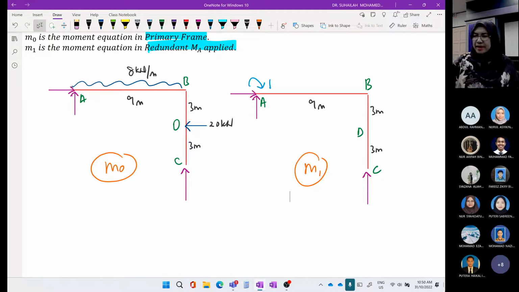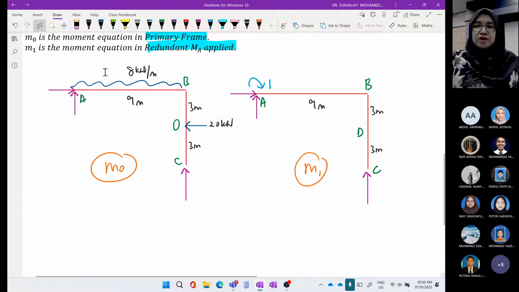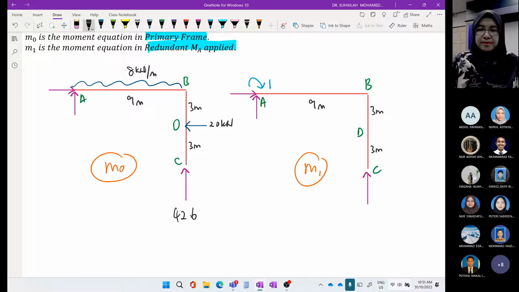Dah ke? Dapat jawapan? Ada yang dapat jawapan tak? Saya dapat, Madam. Apa jawapan dia? For primary frame dulu. Okey. CY saya dapat 42.67. Sama tak? Okey.